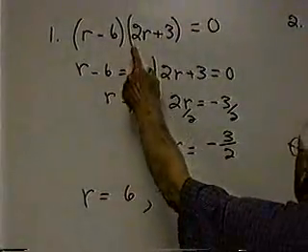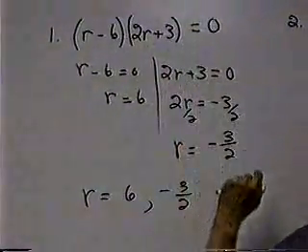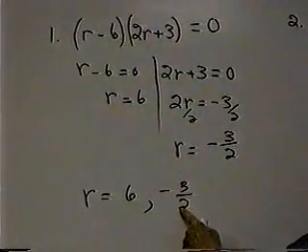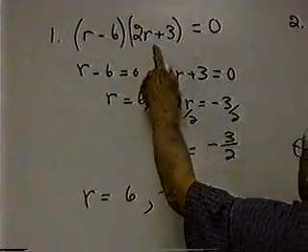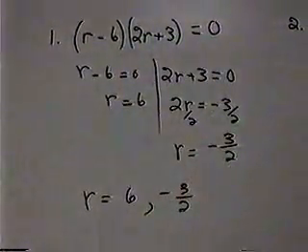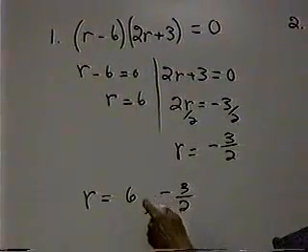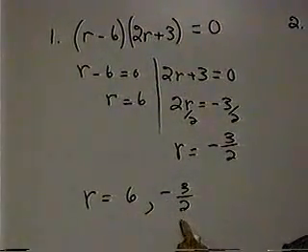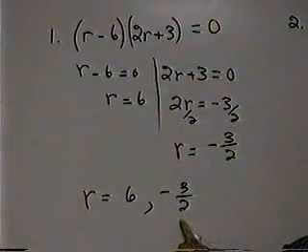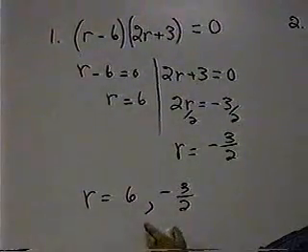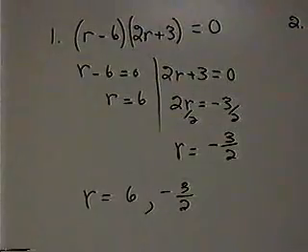Okay, so it would be 0 times 15, so that's 0. Or r could be minus 3/2. That would be 0 times that, which would still be 0. So the answer is r is equal to 6 or minus 3/2. Okay. Both of them could be true.